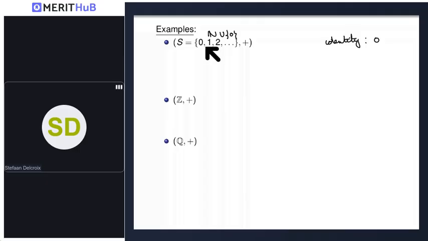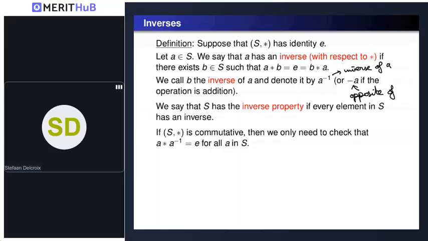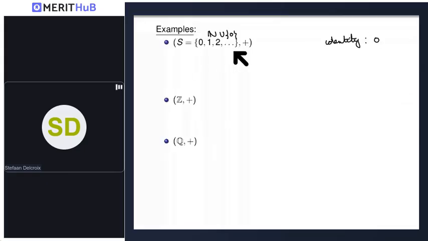So now do we have inverses? If you pick an element in S, does there exist another element in S? So very important, the inverse has to be an element in your set. If you pick an element in this set, does there exist another element in the set where, when you add them, you get 0?